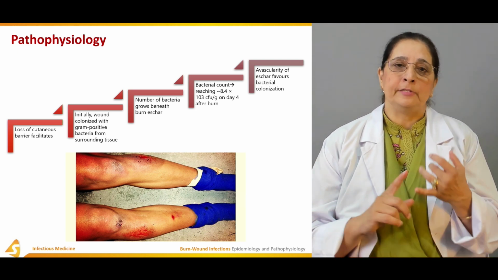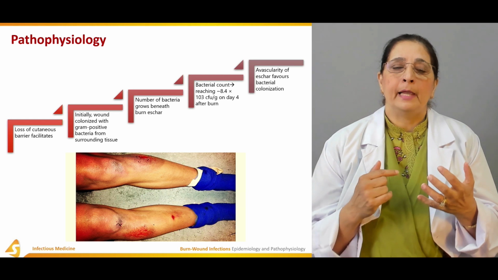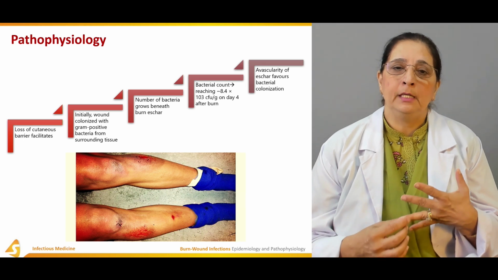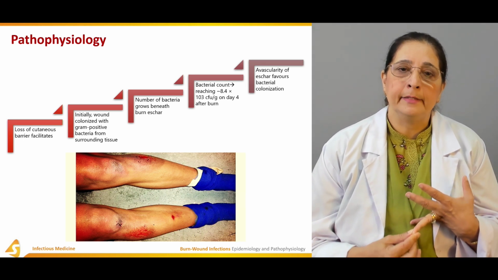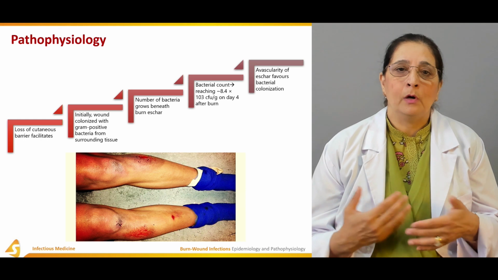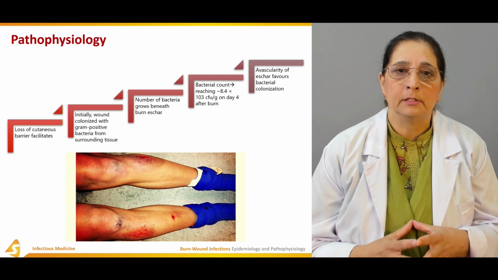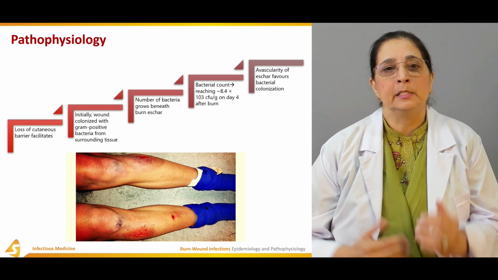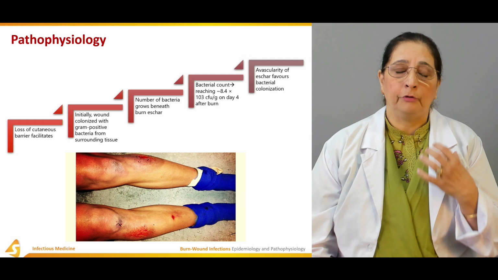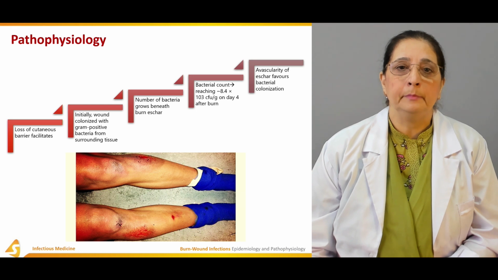So all these factors: first invasion of the bacteria as a result of the loss of protective skin, multiplication of the bacteria under the eschar tissue of the burn, and then as they keep on growing and there is decreased blood supply, avascularity of the eschar tissue also predisposes to the development of the infection. This is very important pathophysiology, the initial mechanism of the spread of infection in the burn wound.